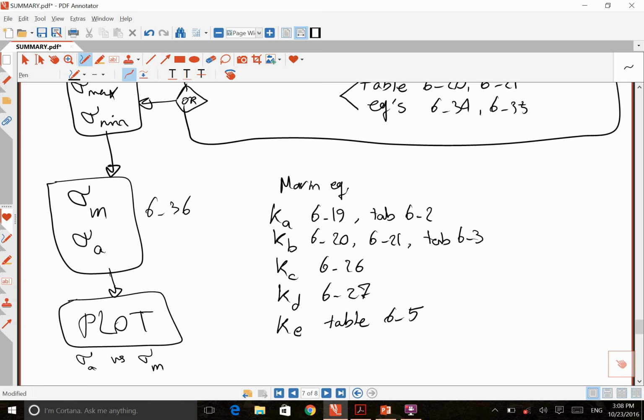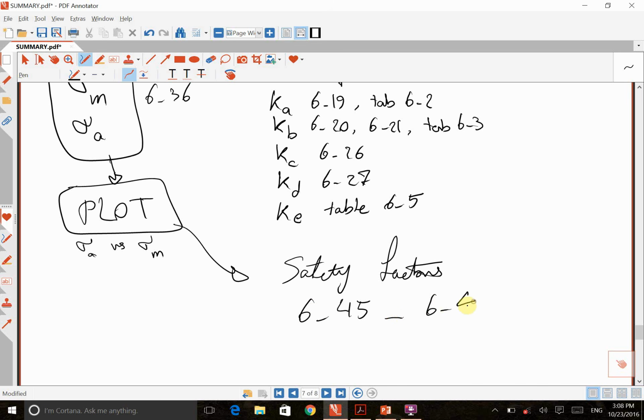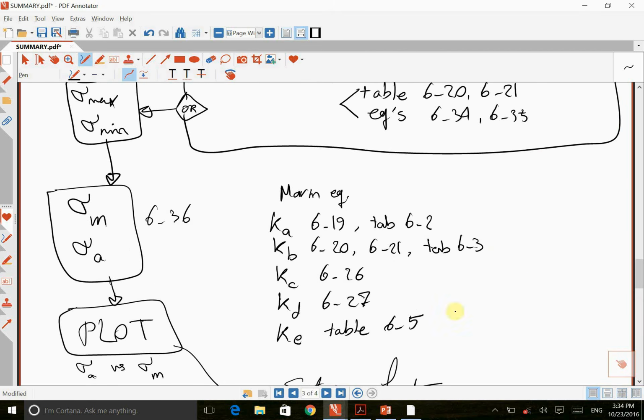and if you are asked to find safety factors, they can be derived from equations 6.45 to 6.49. Okay, there is one thing here.